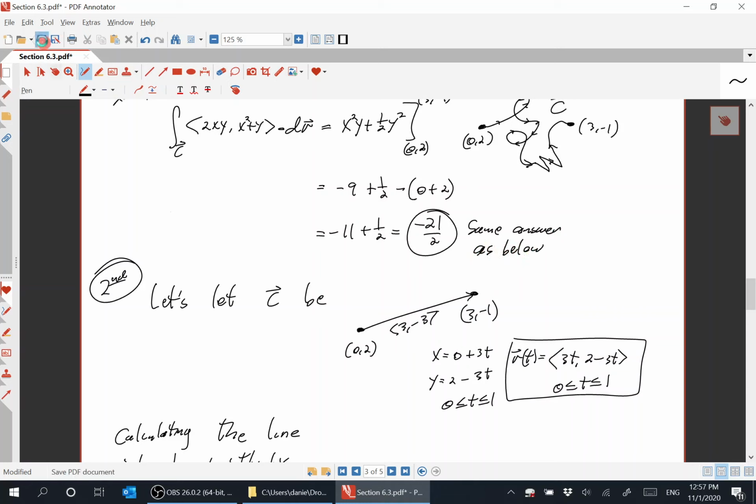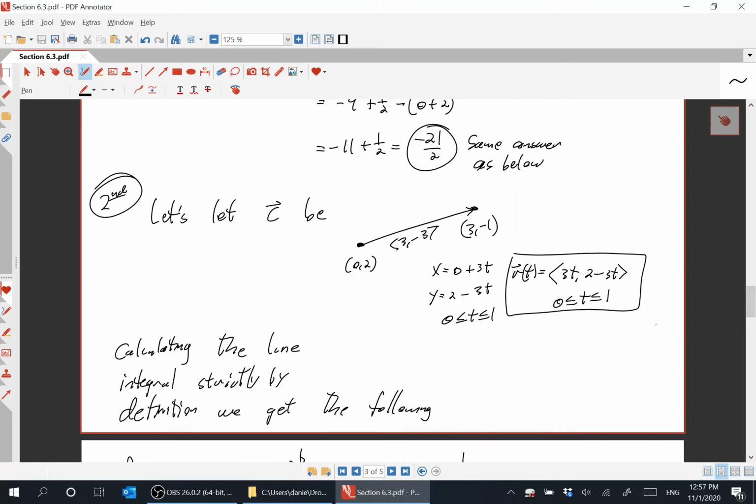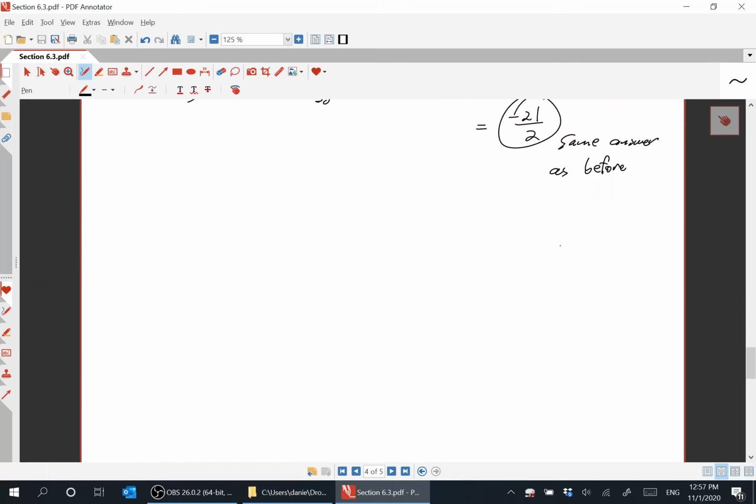Minus 21 halves. So the fundamental theorem of calculus for line integrals has its own statement, but some interesting consequences for the fundamental theorem.